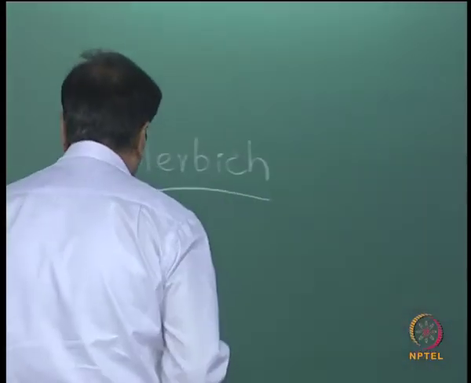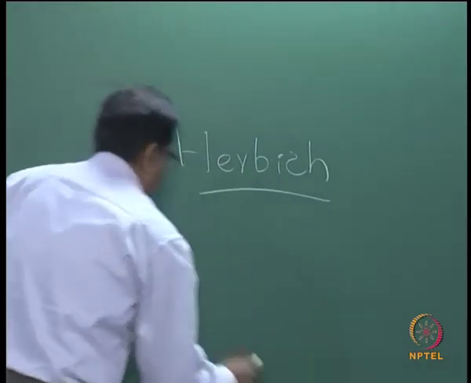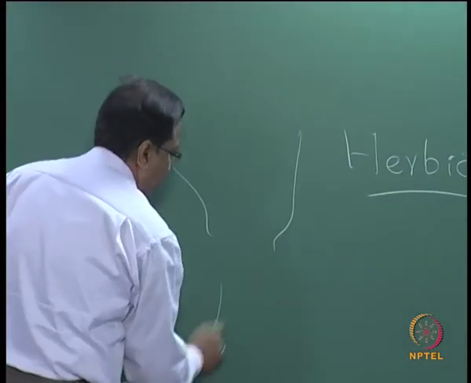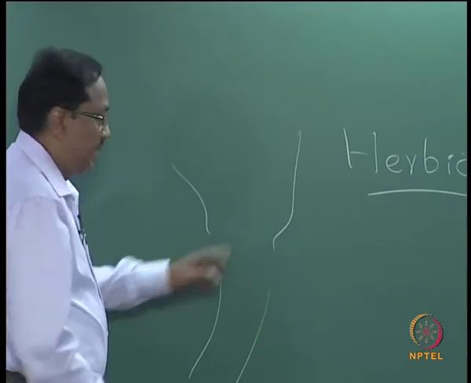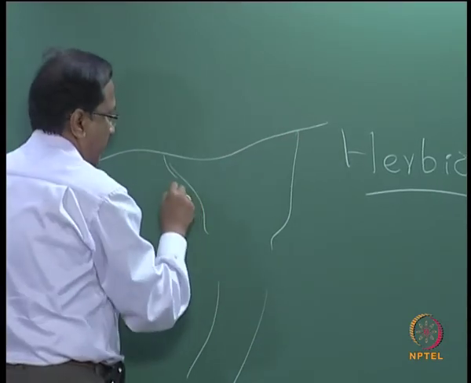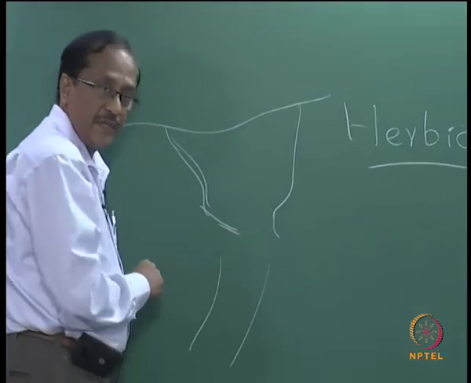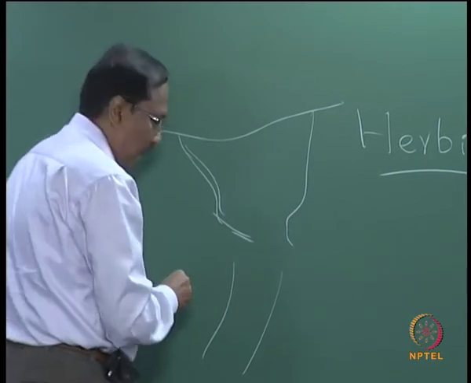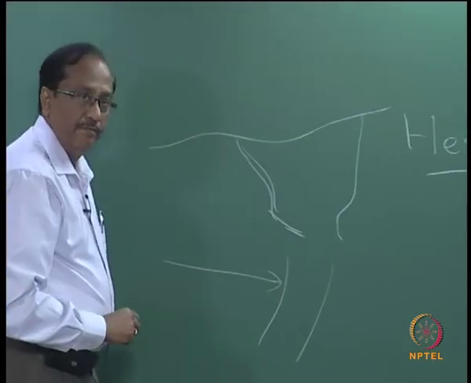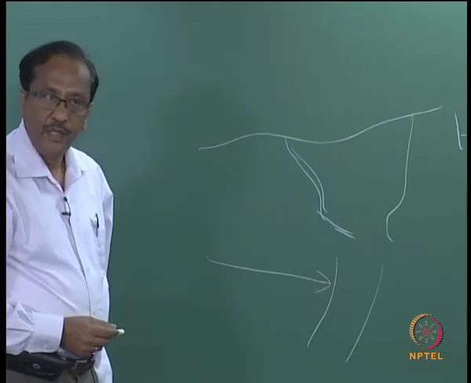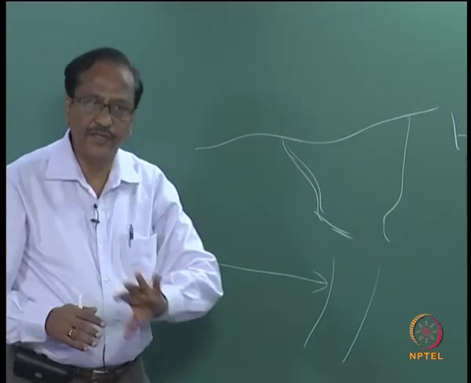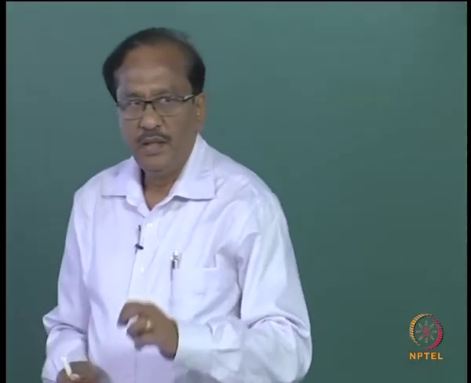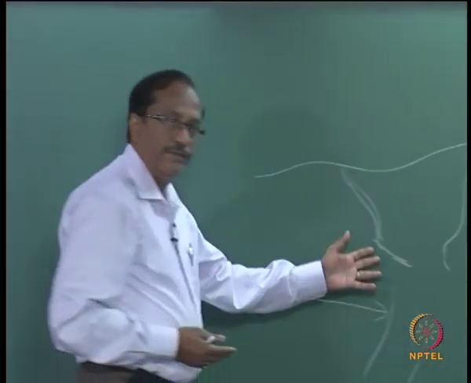So for example, if you have a harbor, this is a simple thing, an artificial harbor formed by breakwaters, and the sand is moving, and suppose this area is mostly coarse sand, which has been lifted and is in motion.